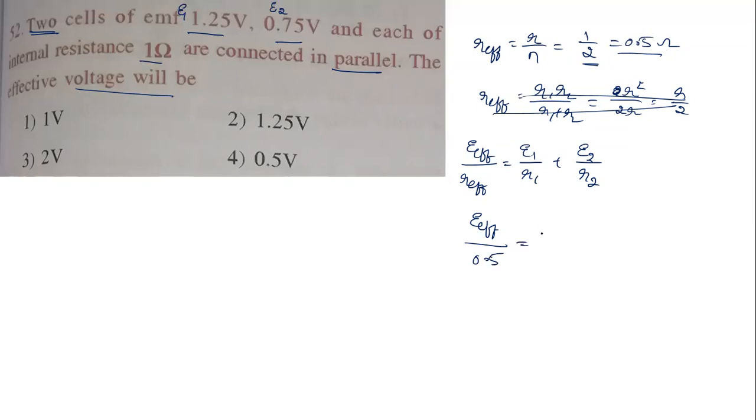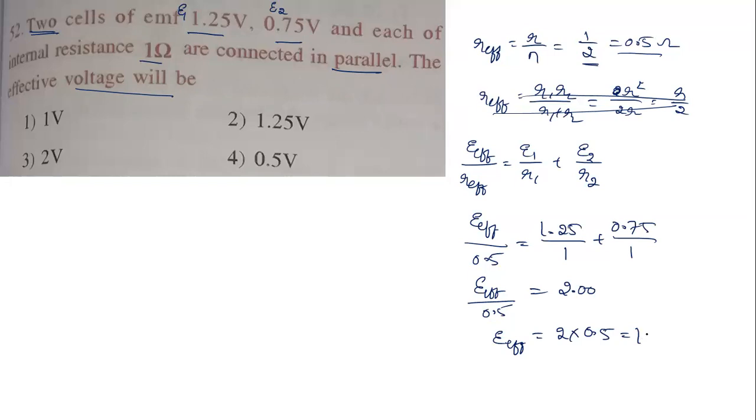So 0.5 equal to E1 1.25 by R1 is 1 plus E2 0.75 by 1. It will become 2.00, that is E effective divided by 0.5. So we want E effective. 2 into 0.5 becomes 1. So 1 volt is the EMF.